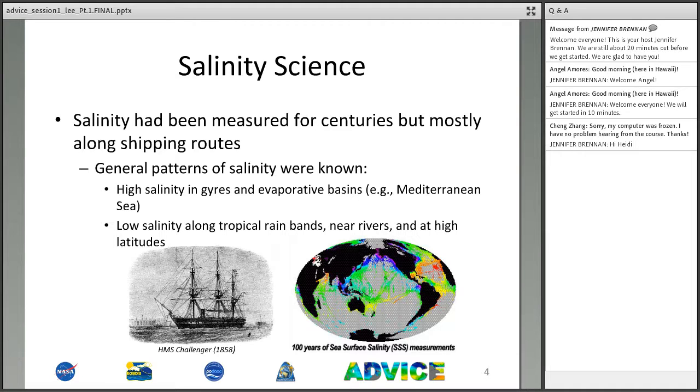And later, there have been various merchant ships and research vessels that took salinity measurements over more regions of the global ocean, including the Indian Ocean that the Challenger expedition did not get into.